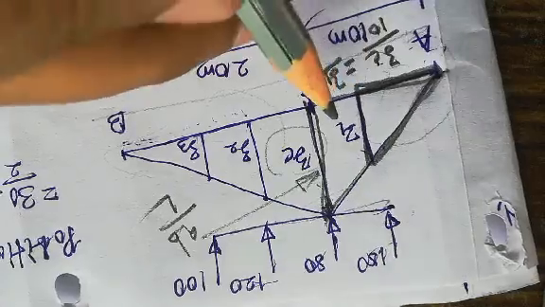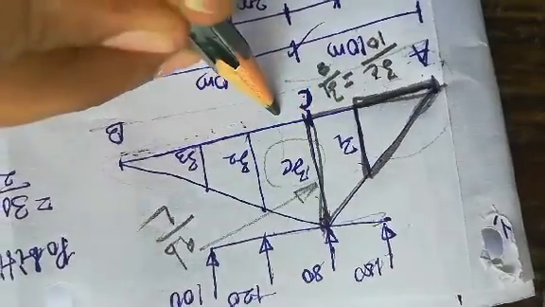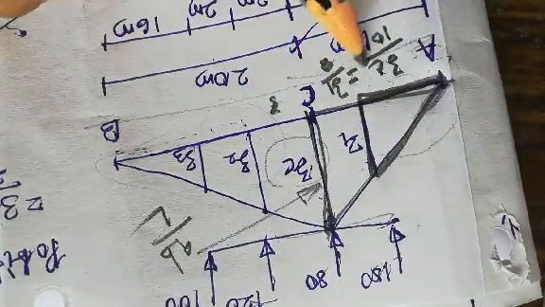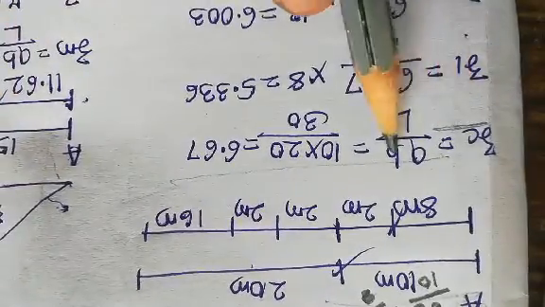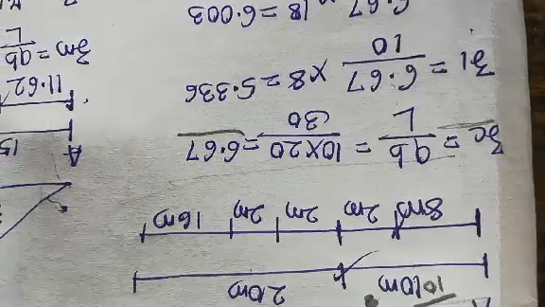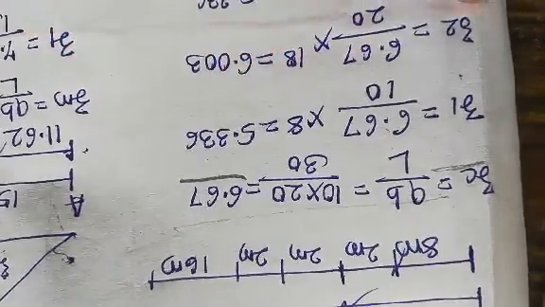How much is this? It will be 8 meter. Therefore Z1 will be equal to ZC into 8 divided by 10. And ZC is AB divided by L, which we have calculated as 6.67. Z1 is 5.336.